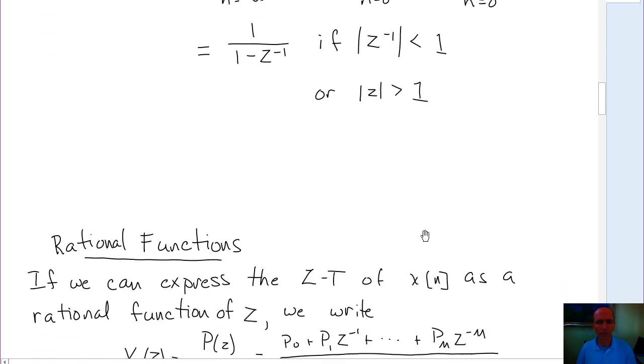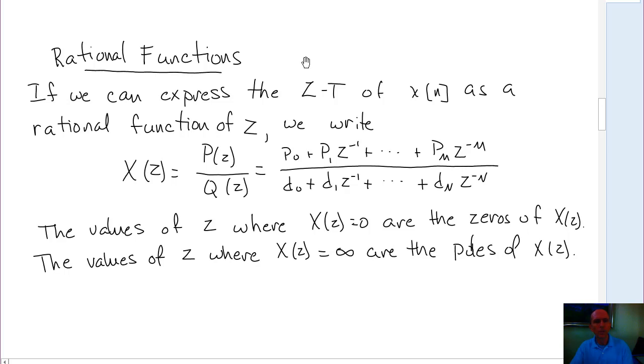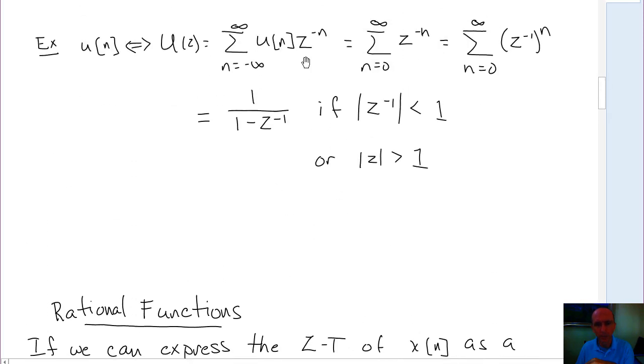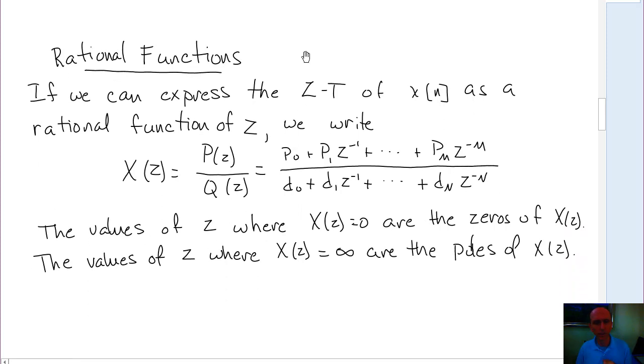Let's look at some other terms. One other thing that we need to define are rational functions. Now, when we're calculating z transforms, as we did here, usually we're going to get fractions. And the fractions, of course, are going to be functions of z.